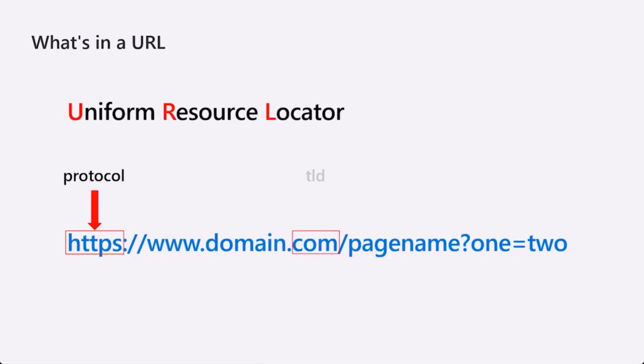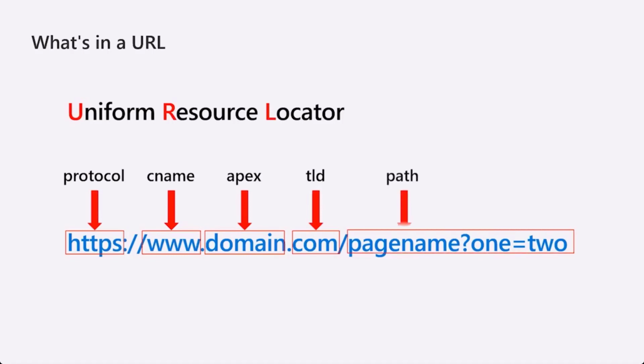And then after that, you have the .com, which is a top-level domain. We talked about that. We have the apex, all right? And then we have the CNAME, which is in that case www, but it could be literally anything you want. And then after that, in order to uniquely identify a resource on the web server, you have a path. And the path can be something.html.